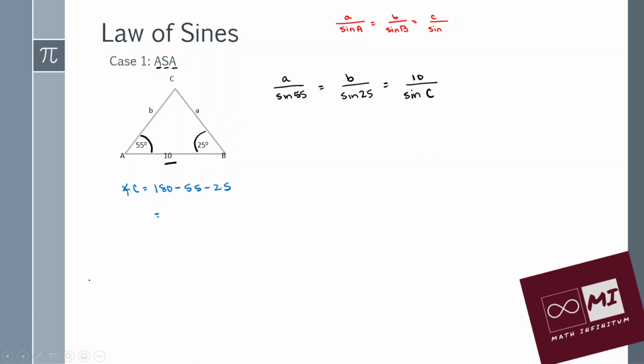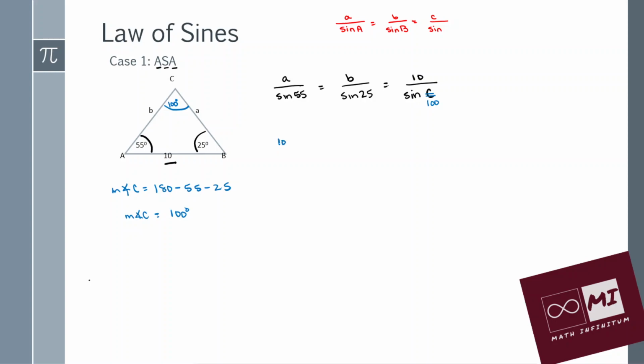So 180 minus 55 minus 25 gives us that angle C has a measure of 100 degrees. So I now know this one. Okay? So now I can replace this with 100 degrees. So now I have a ratio that is fully known.